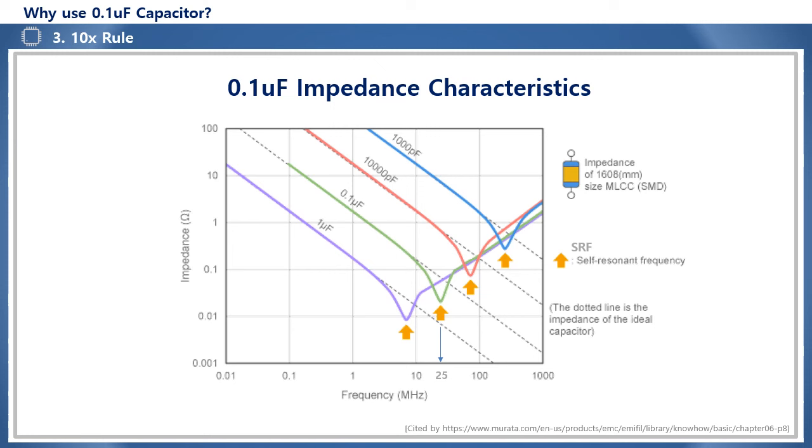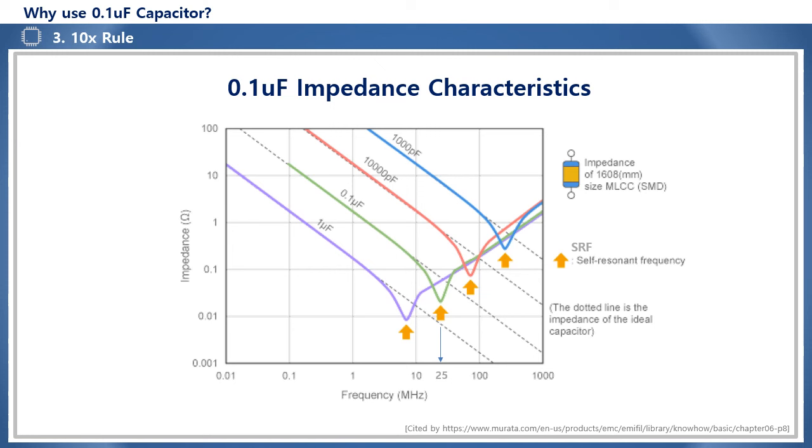Therefore, the ESL according to the circuit pattern or via configuration has a significant impact on the actual noise reduction results. In summary, the larger the capacitance, the better the low-frequency band noise attenuation characteristics, and the smaller the capacitance, the better the high-frequency band noise attenuation characteristics.